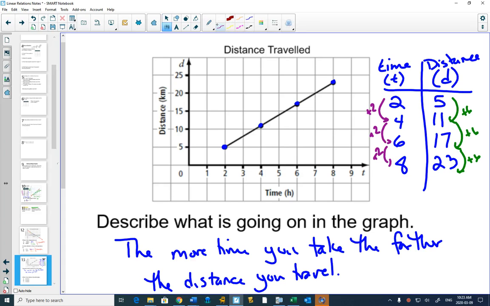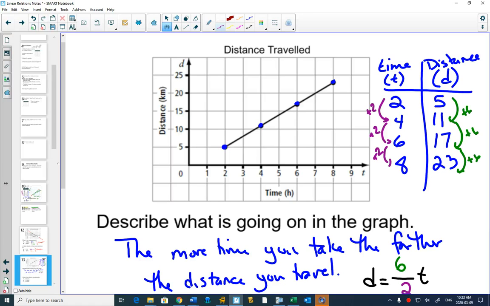The formula for this one would be y, or not y, because our y is distance. Distance equals, and check out these numbers, 6 and 2 times time.